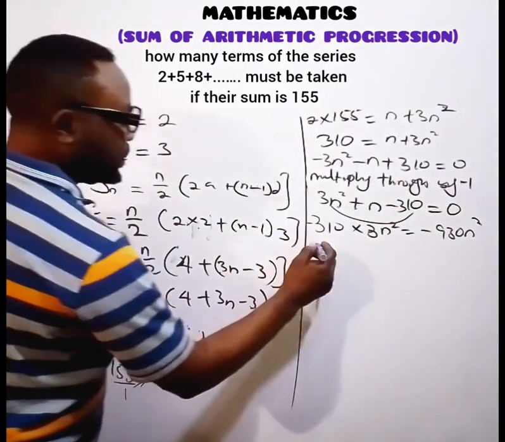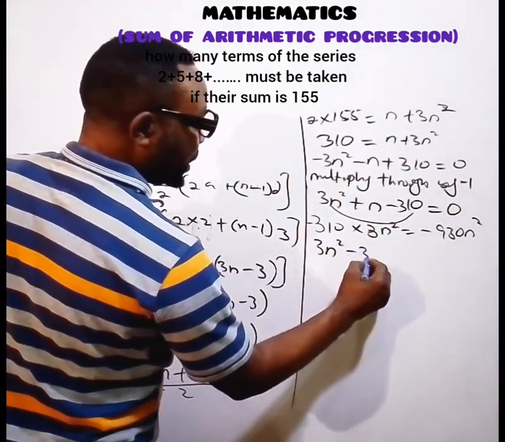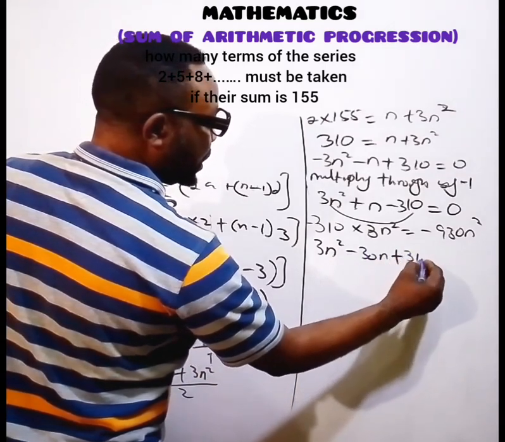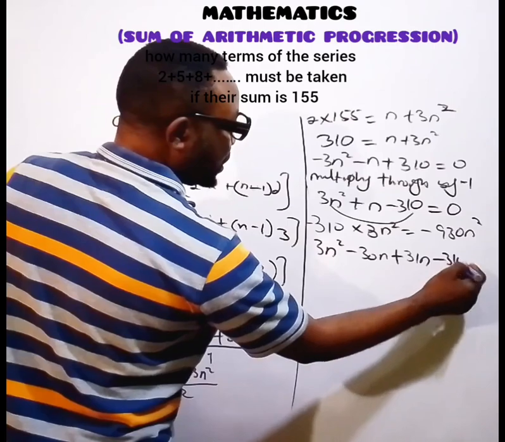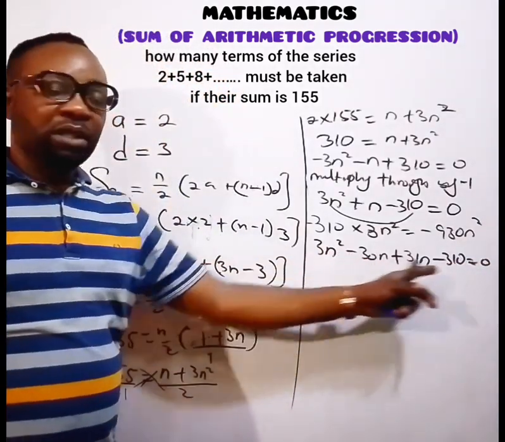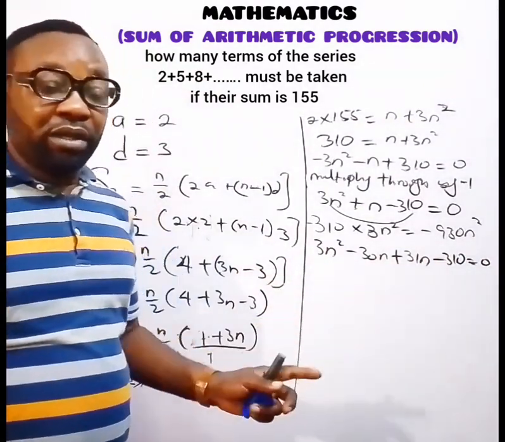So I can now say 3n squared minus 30n plus 31n minus 310 is equal to 0. I make use of this arrangement so that you'll be able to relate with one another with ease.